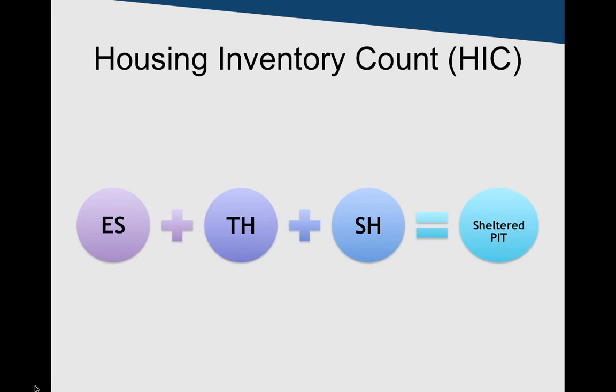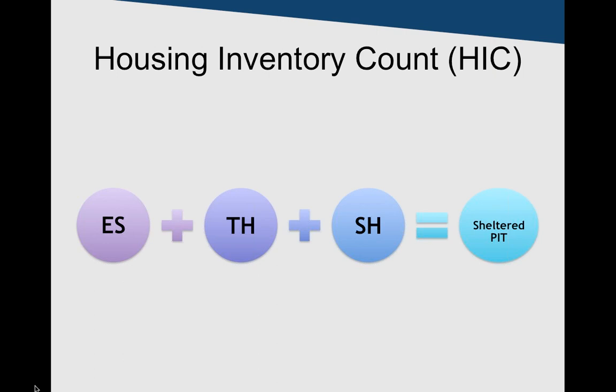The number of persons that are recorded on your housing inventory count that are located in either an emergency shelter, transitional housing, or a safe haven should equal your sheltered point-in-time count.